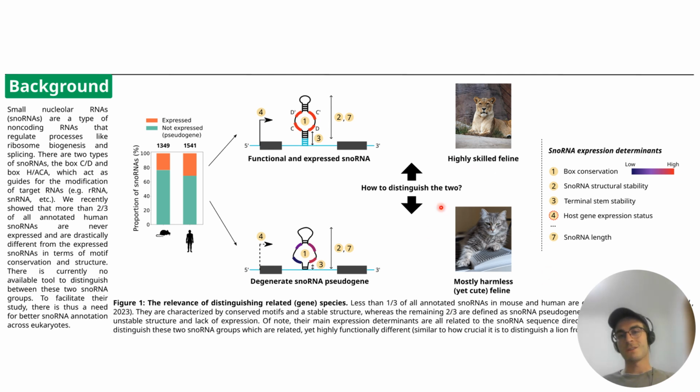And there's also this other type of feline, which is the cat here, but that is way less dangerous and mostly harmless, that could compare to this other type of snoRNA that is most likely not functional. So basically the reason why we wanted to distinguish these two types of snoRNA is because they have completely different functionalities, and right now there is no method that can actually differentiate between these two types of snoRNAs.